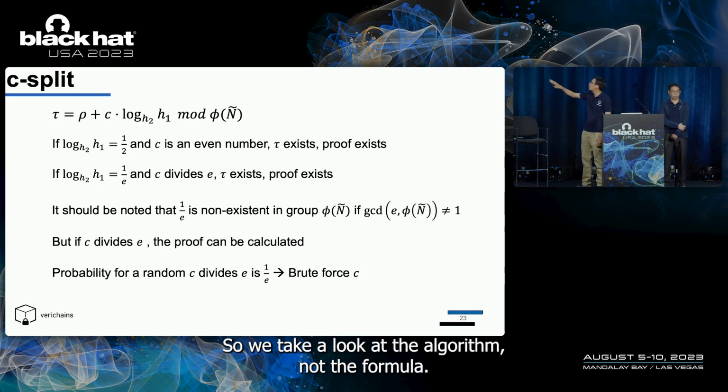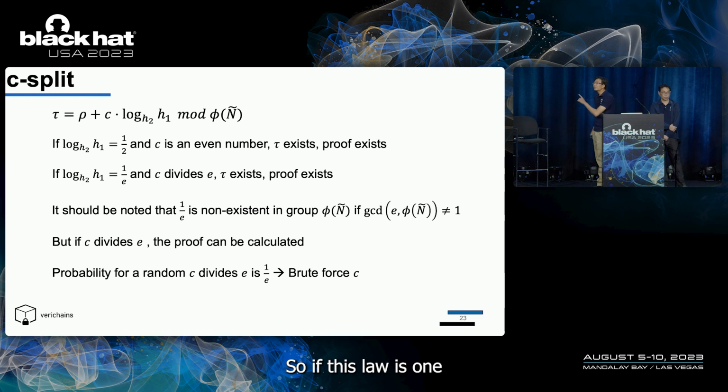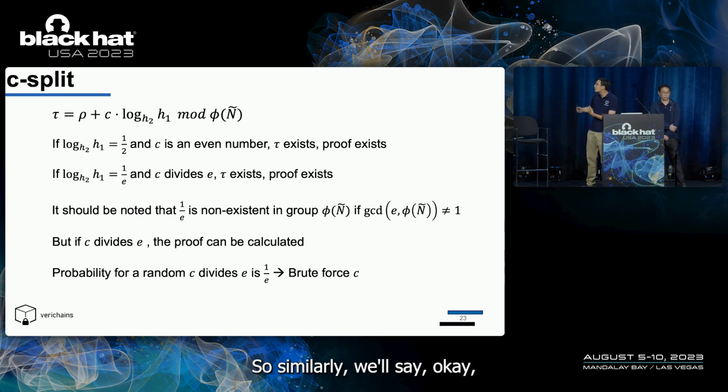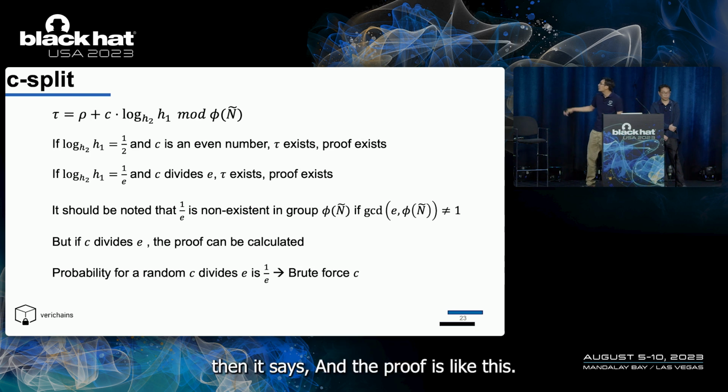We take a look at the formula: tau equals rho plus C multiplied by the log, mod phi n delta. If this log is 1/2 and C is an even number, then you can calculate this, and this proof exists. Similarly, we can let this log be 1 over E, and if C is divisible by E, then tau exists and the proof exists.